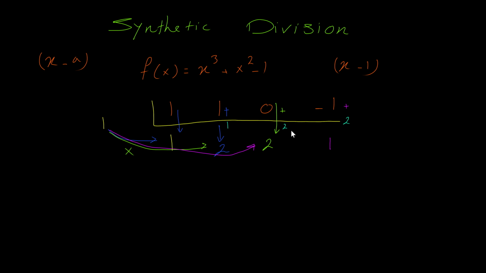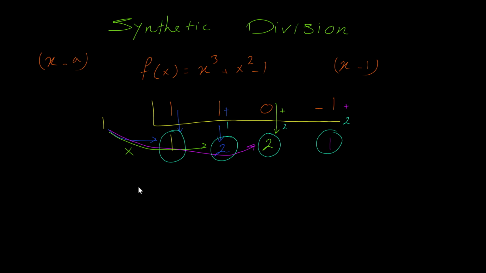So I had 1, 2, 2 from the multiplication, and then the additions get here. These four are the final answers. That's it. We are done with the synthetic division.